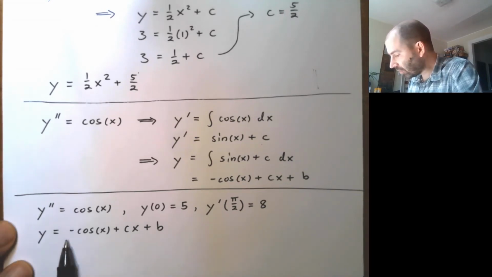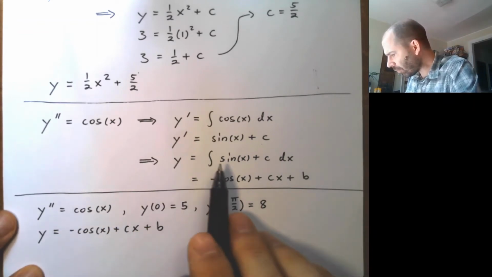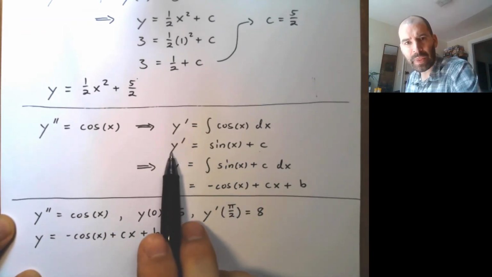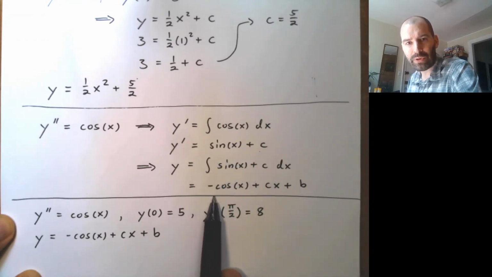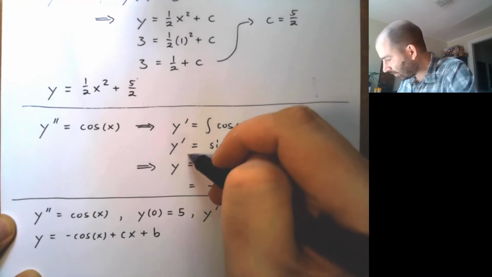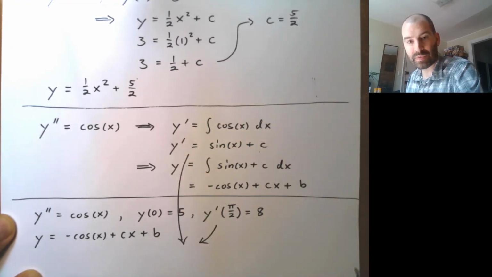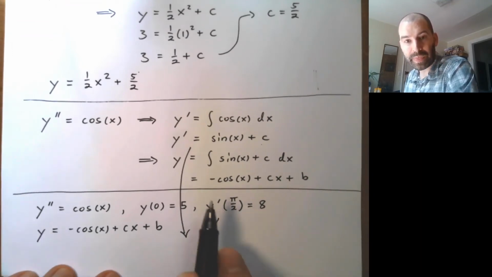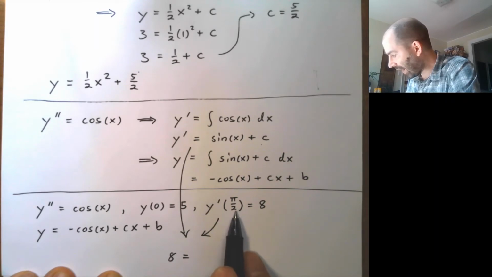Well, let's also look back and see what we had up here. We also had, well, I don't have to write it again, I'll just look at it up here. y prime is equal to sine x plus c. Now I'm told that y prime of pi over 2 is equal to 8. So if I take this equation up here and use this, what do I get? Well, I'm told that y prime is 8 when x is pi over 2.